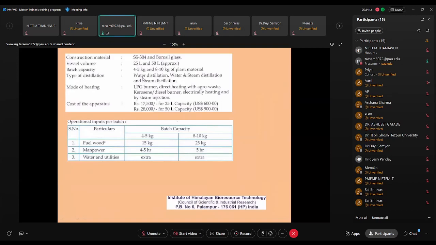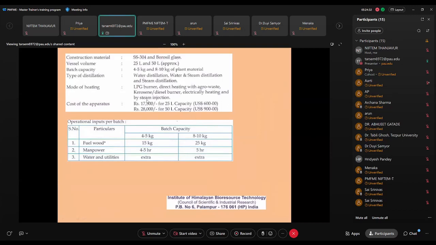Here we use water distillation, water and steam distillation, or steam distillation. For heating we can use an LPG burner, fuel wood, some other agro-based fuel, or electric energy. The cost of the apparatus is nearly 17 to 18,000 rupees for 25 liter and 28,000.